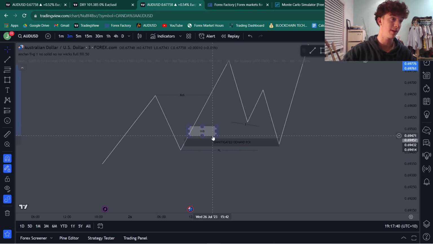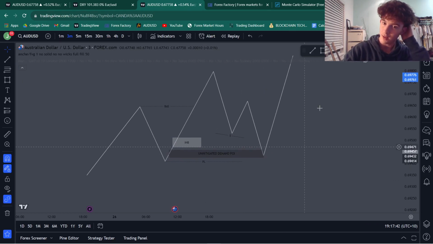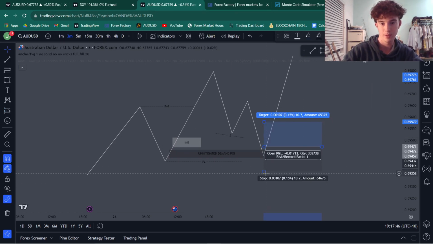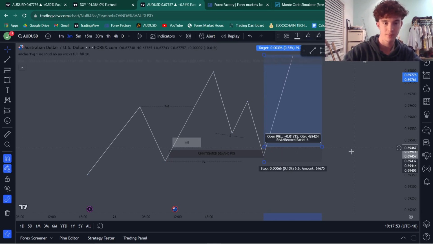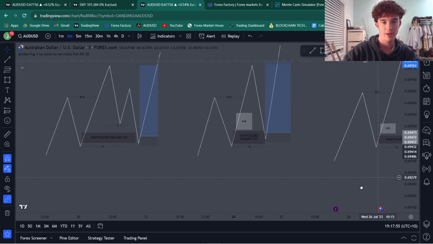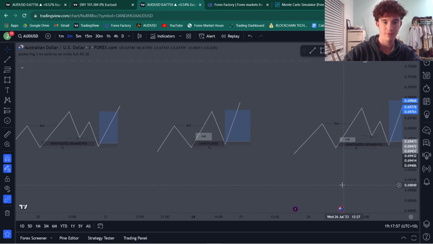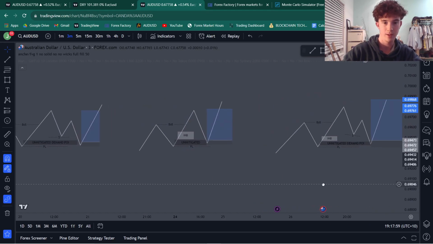Acts like a price magnet. Something like this. Stop at the protected low, and then you target the highs. Just like that. Alright, so they're my three main entry models.